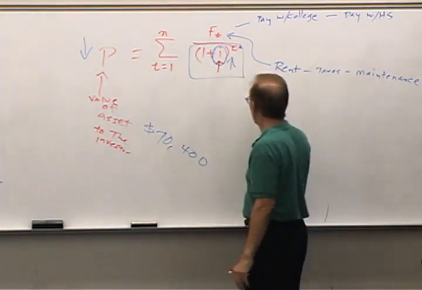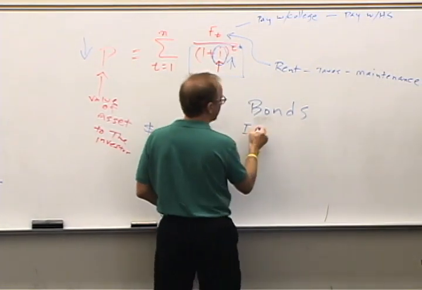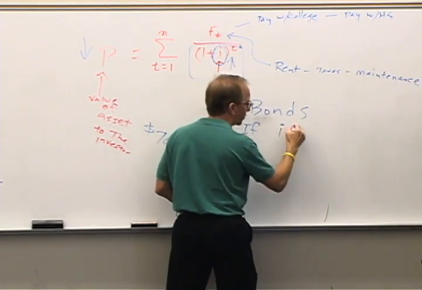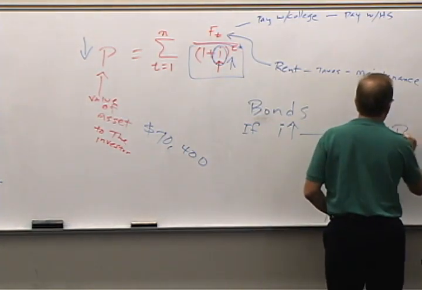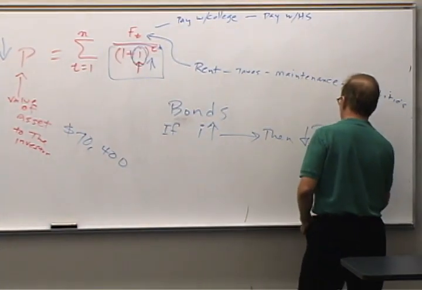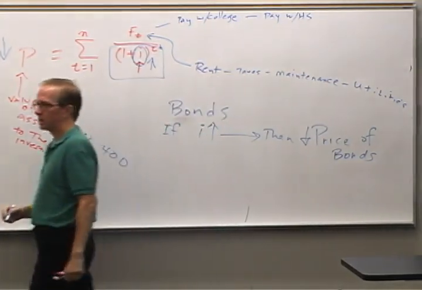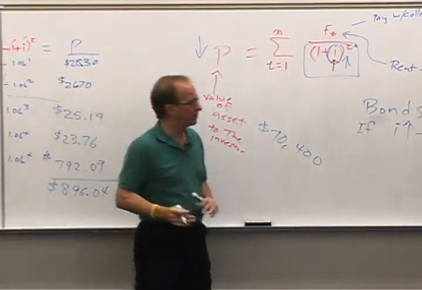Well, we have a term for bonds. Here's what we say. If the discount rate increases, then there's a decrease in the price of bonds. Other assets too, but now we're talking about bonds.